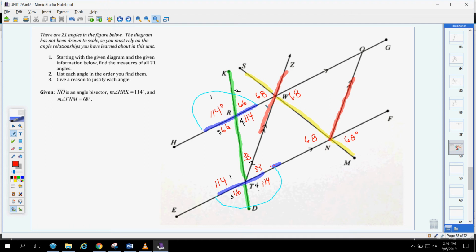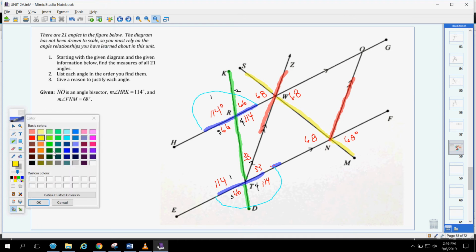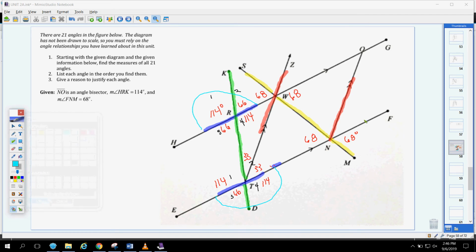Okay. Now, we have a linear pair down here again. And let's see, we'll maybe use a highlighter this time. Use a blue highlighter. Okay. And so our linear pair down here, and so this angle right here, because 68 plus this angle has to be 180, well then this is 112.